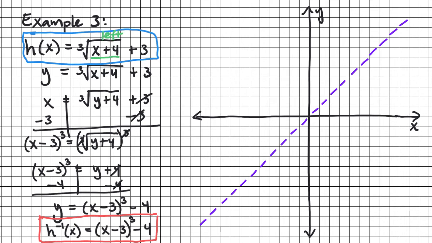And the plus 3 means up 3. So I'm going to graph it in blue. And so I'm going to go to the left 4, 1, 2, 3, 4, and up 3, 1, 2, 3. Which is about right here.